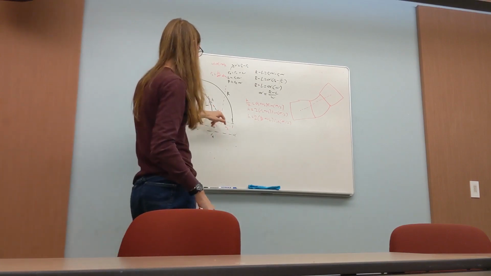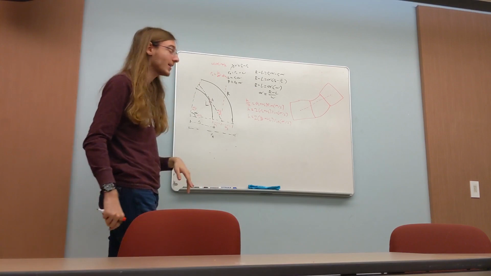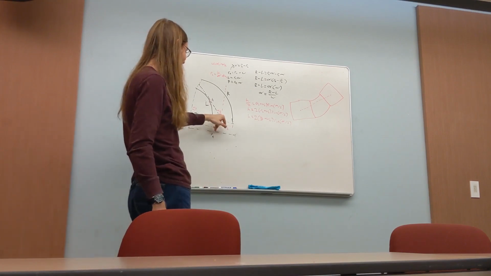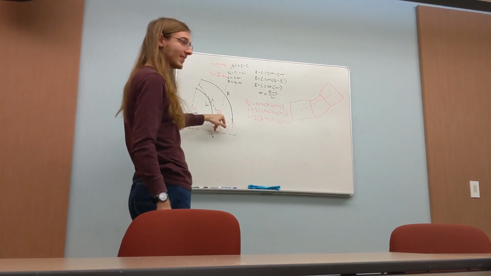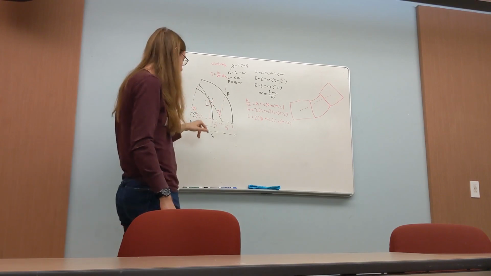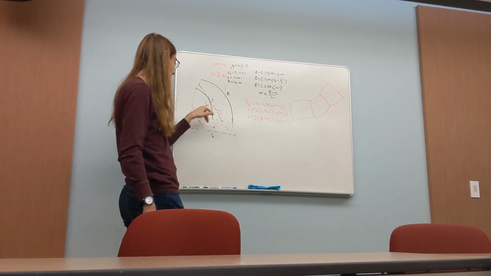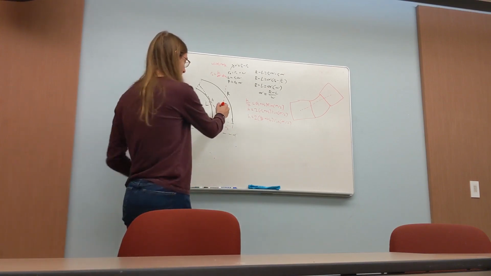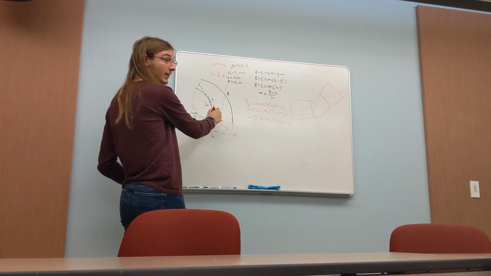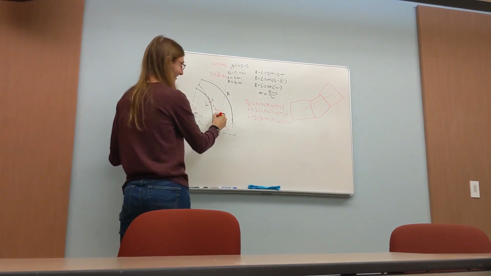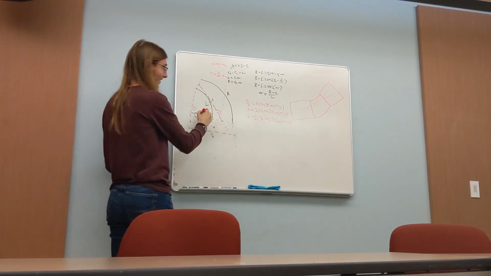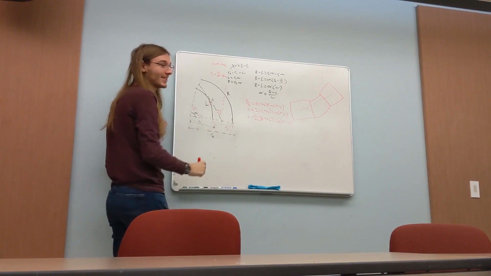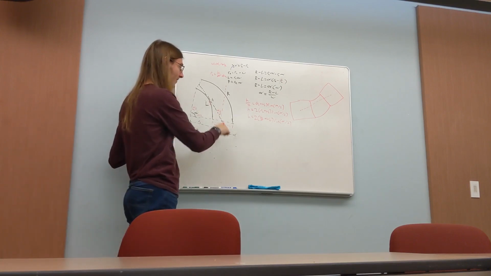So we have this triangle here. So the angles have to add up to 180. This angle equals 180 minus 90 minus alpha over 2. So that's just 90 minus alpha over 2 for this angle. And then these two angles have to add up to 90. So we get 90 minus, and then what was here from before, this angle, 90 minus alpha over 2. We get this is alpha over 2.